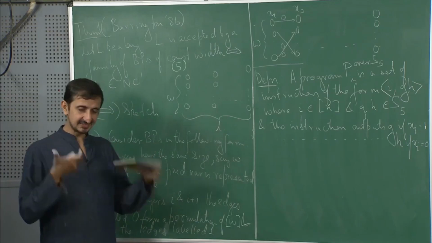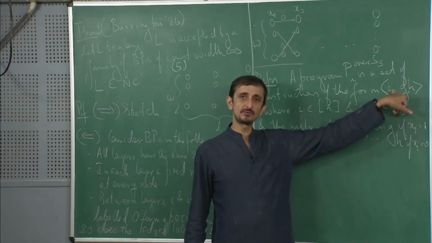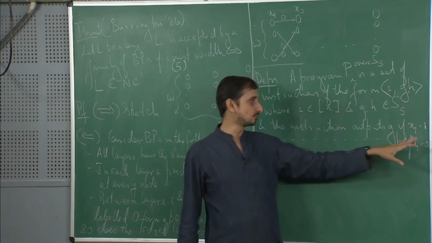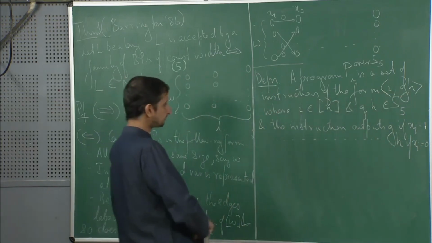Okay. So, an instruction is said to output the first permutation if the bit Xi is 1, and it is said to output the second permutation if that bit is 0.